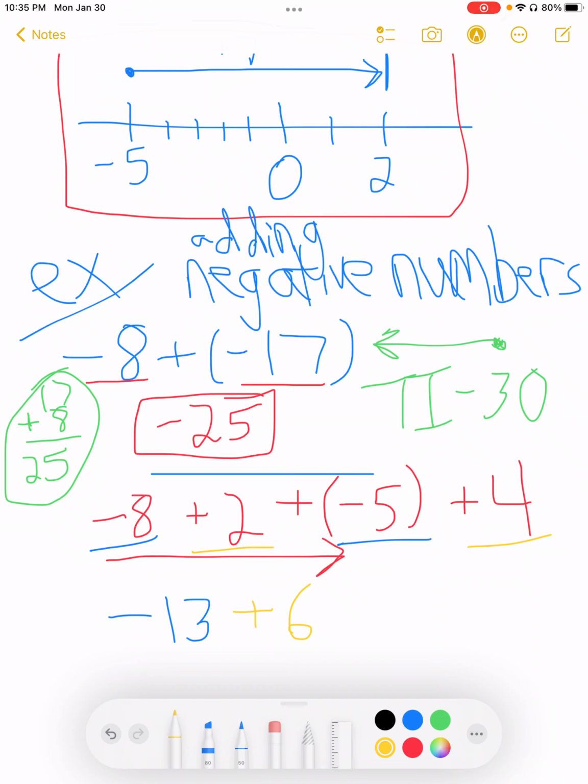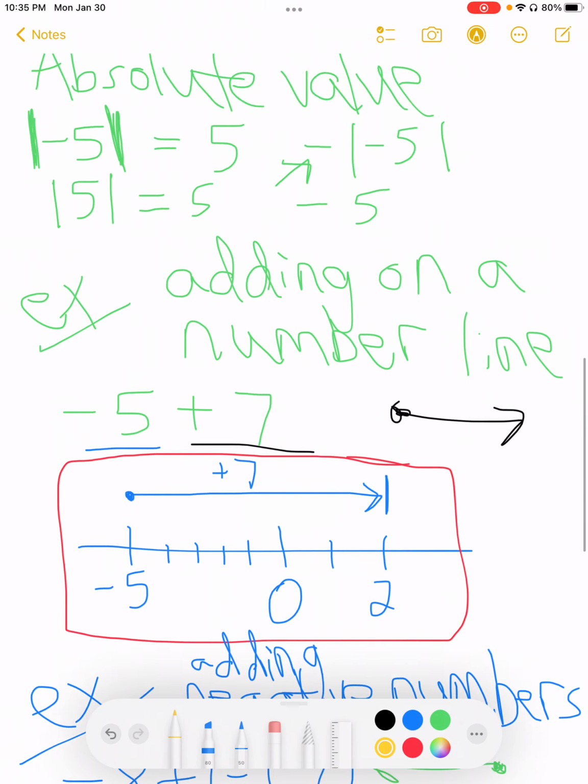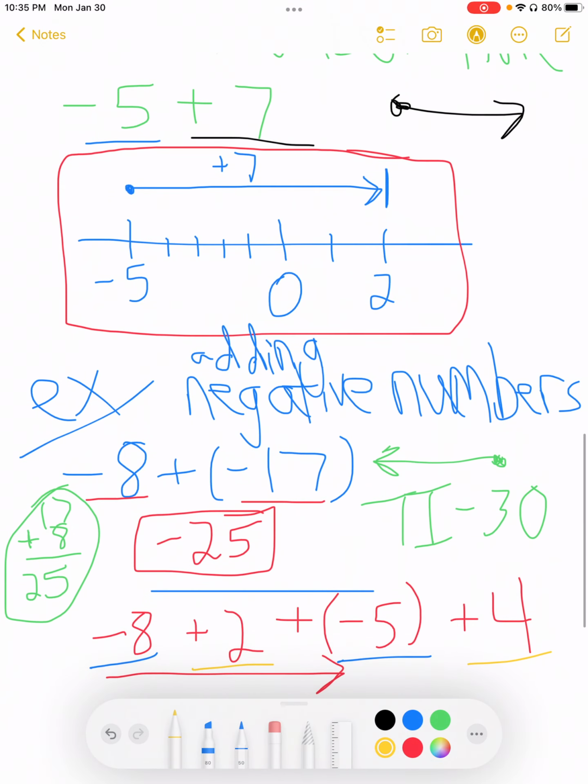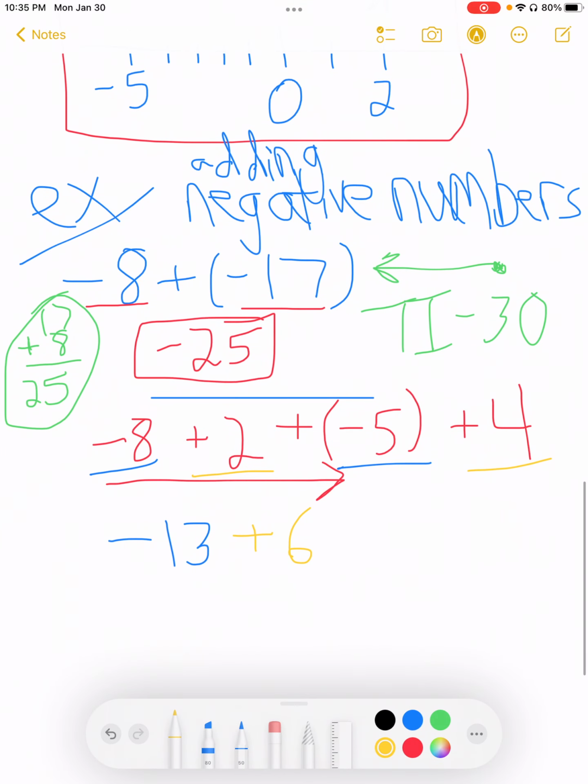If I think about the absolute value, which just zeroes out the negative, my first number, minus 13, has a larger absolute value. It's farther from 0 than 6 is, just in the negative direction.